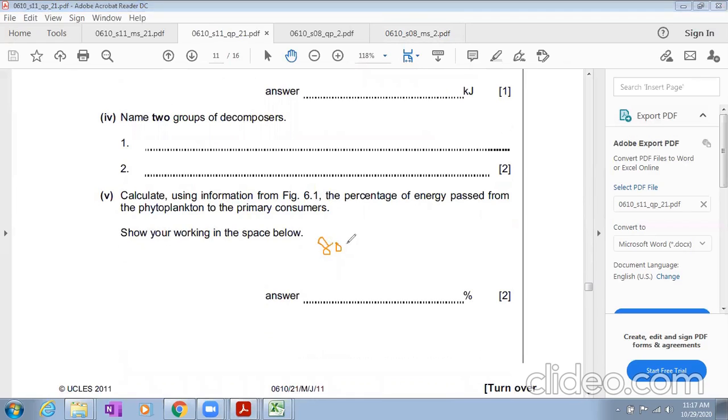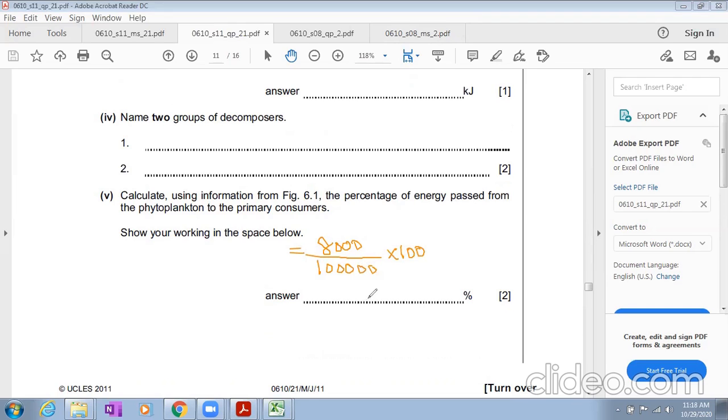$8,000 according to the percentage formula, 8,000 divided by what? 100, the total, right? So I have to remove that and multiply by 100. Okay. So what will you get?